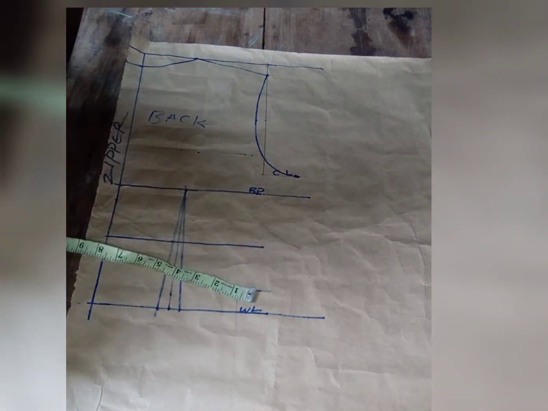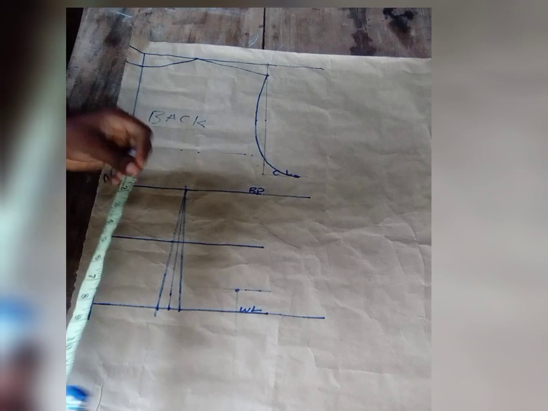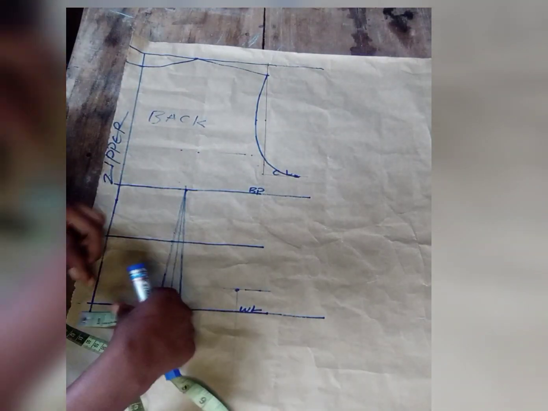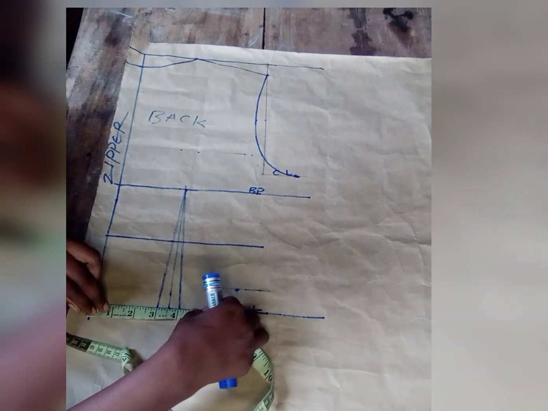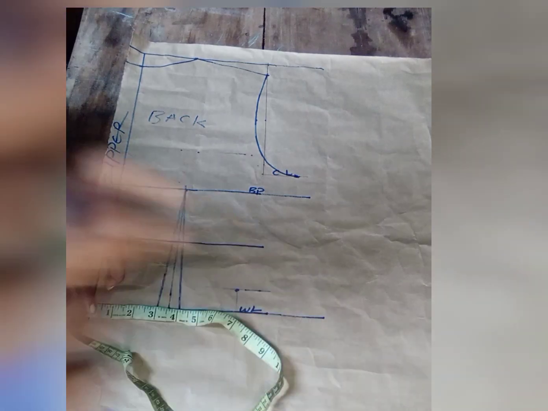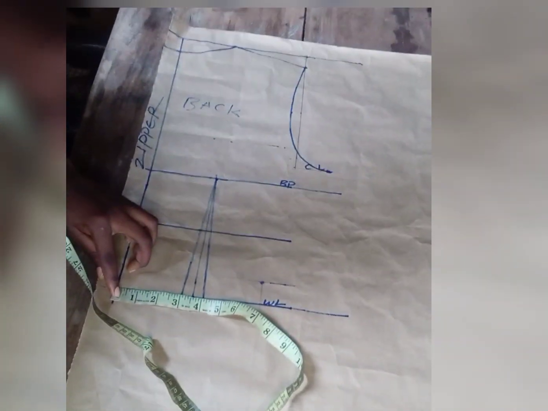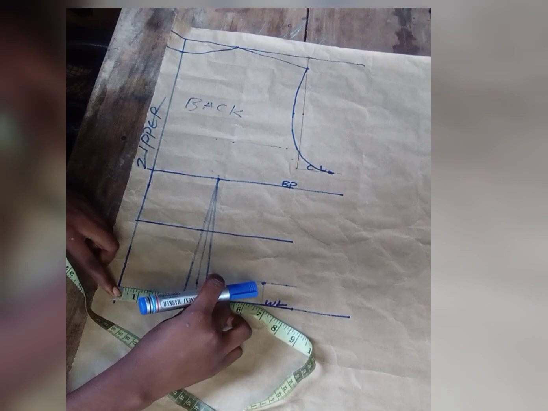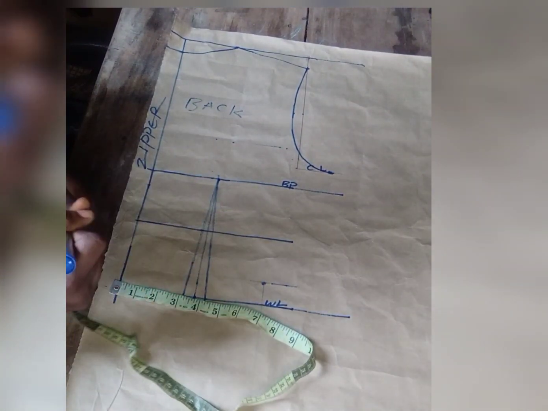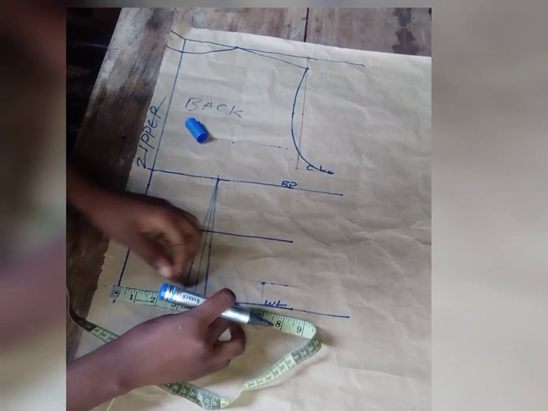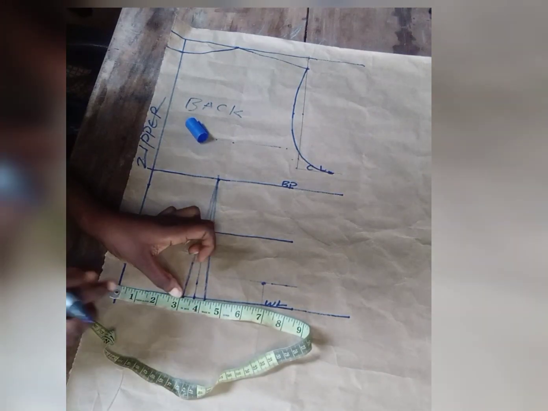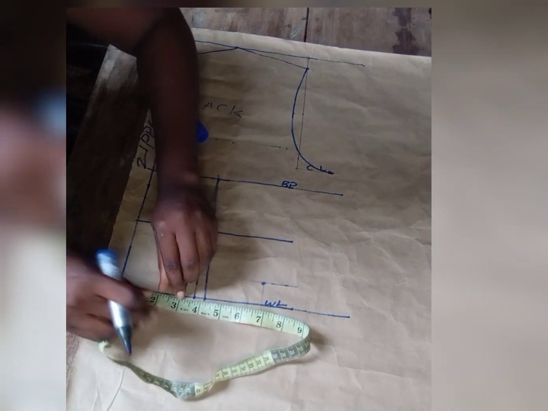After that, we are going to input our measurements now. For my waist measurement, I'm making use of 29 inches divided by 4, which is 7 1/4. So I'm going to add your dart measurement, the 1 inch we took on the waistline for the darts, plus your 1 inch extra sewing allowance or ease allowance. See the way I'm going to place it now, 3 inches.